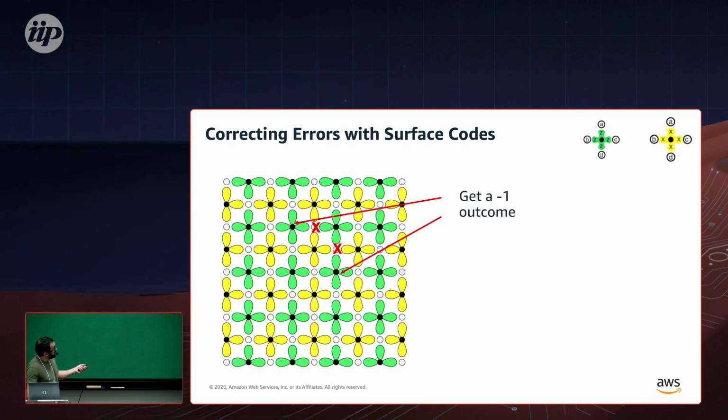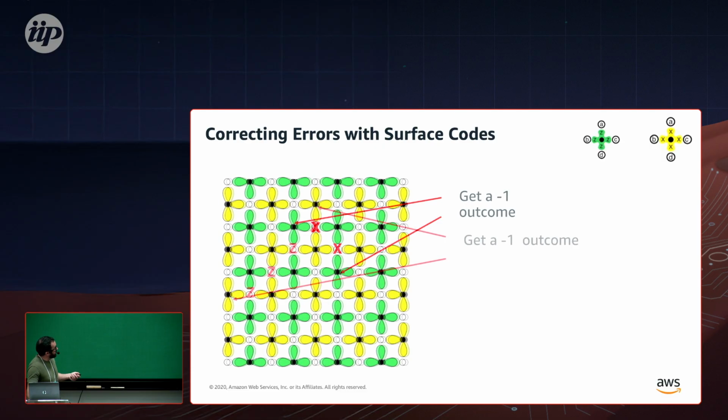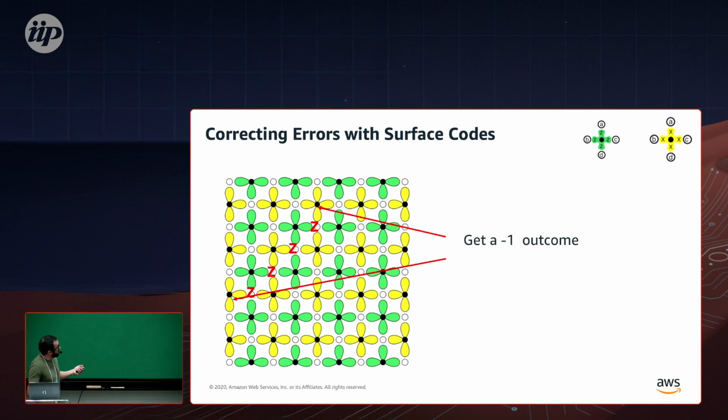Because these two flagged, I say, oh, okay, the error was these two X's here, and so on. So the general idea is that if there's a string of errors, either X or Z, we can treat X and Z separately again. If there is a string of errors, like Z, for example, the two stabilizers at the boundary of this string will flag. Both will give -1. And if that's the only error you had, you could infer that there was a string of errors.